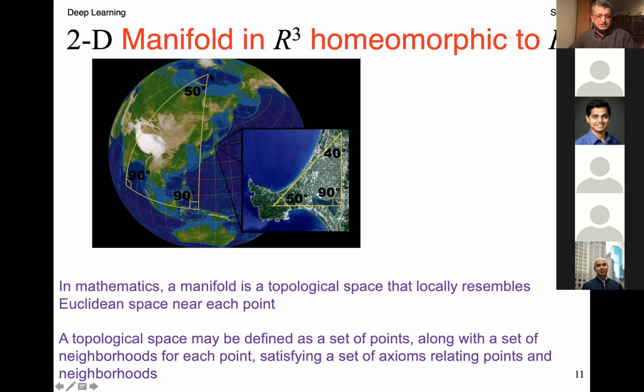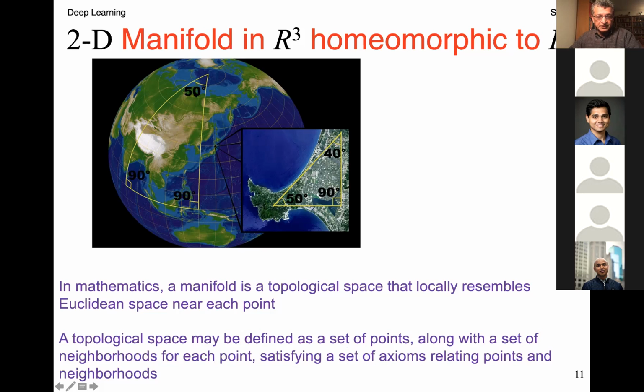a polar distance. Anyways, so in mathematics, a manifold is a topological space that locally resembles Euclidean space near each point. Right, so there are Euclidean properties. A topological space may be defined as a set of points along with a set of neighborhoods for each point, satisfying a set of axioms relating points and neighborhoods.